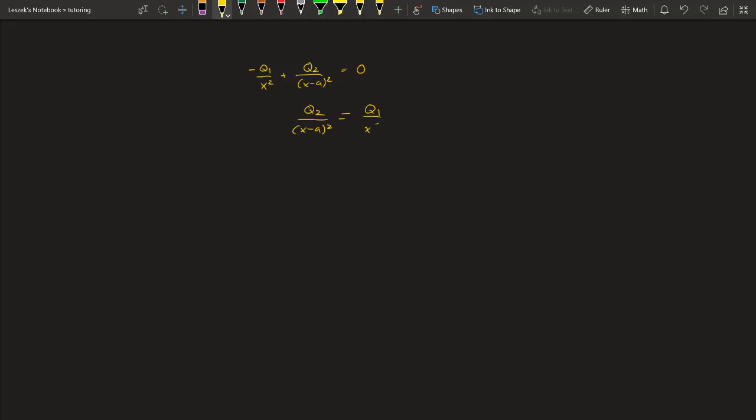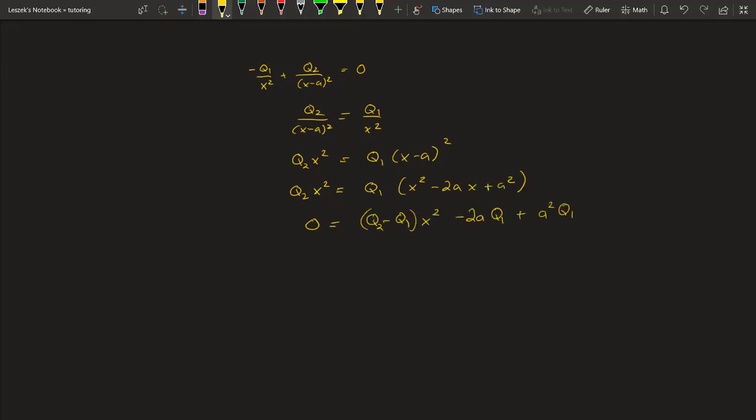Cross multiply, expand on the right-hand side, and then bring all the terms to one side. That way, you see that we have a quadratic in x, where the coefficient for x squared is q2 minus q1, the coefficient for x is negative 2a q1, and the constant term is a squared times q1.